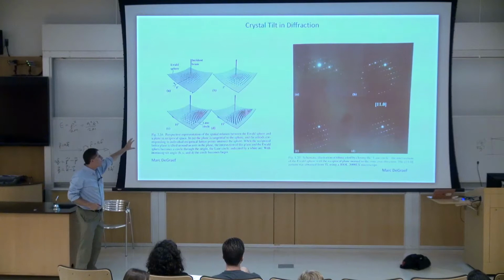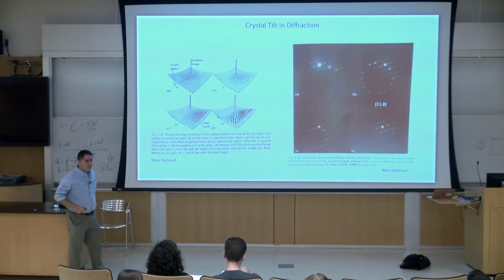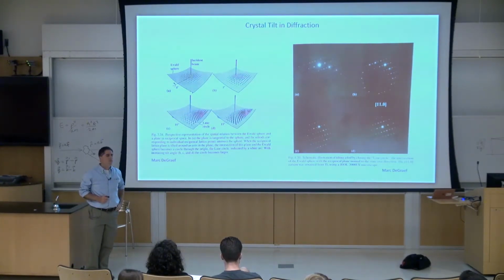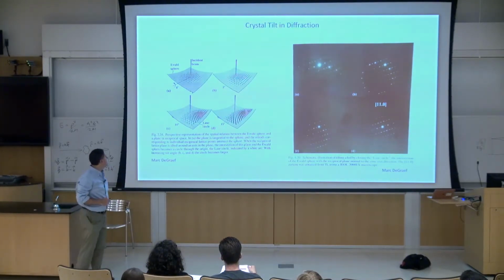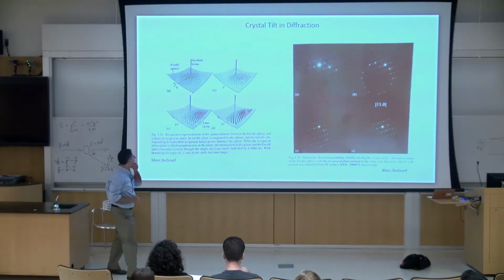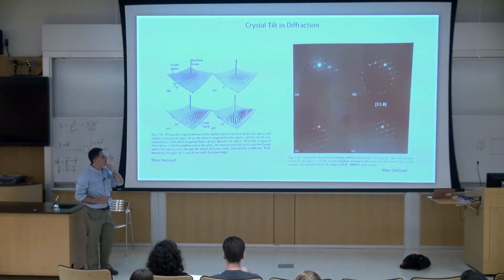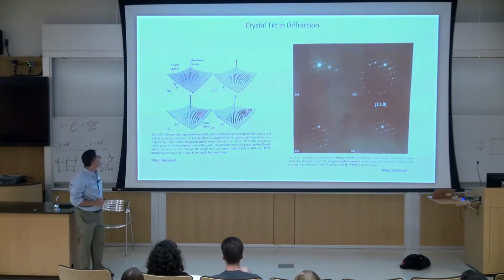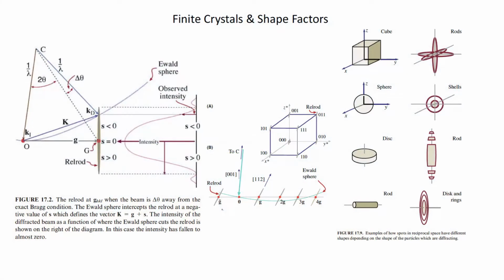So this is important for 3D crystals. If you attempt this for a 2D crystal, you'll be quite frustrated. And I mention that because I had a postdoc who tried to tilt a 2D crystal and was wondering why it didn't work so well. And here's why, basically.